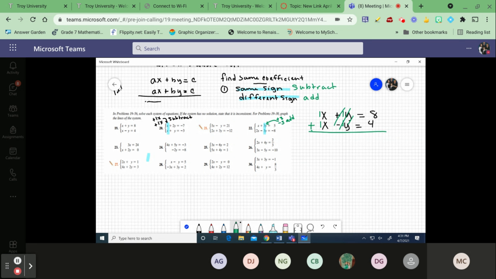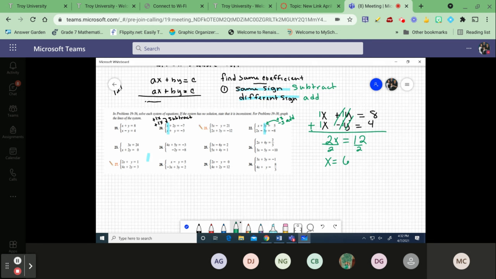I'm coming straight down and just adding the two equations together. 1x plus 1x gives me 2x, and 8 plus 4 gives me 12. Now I have an equation I can solve because I've eliminated one variable. Dividing by 2, x is equal to 6.